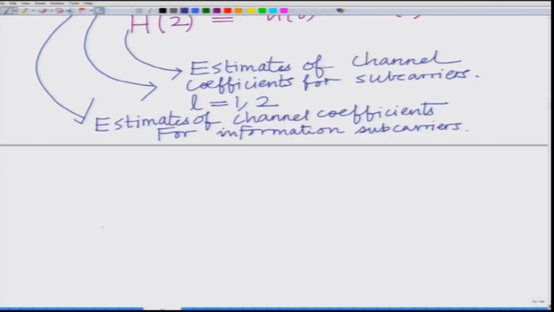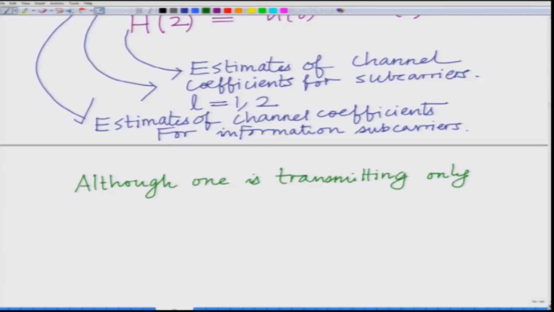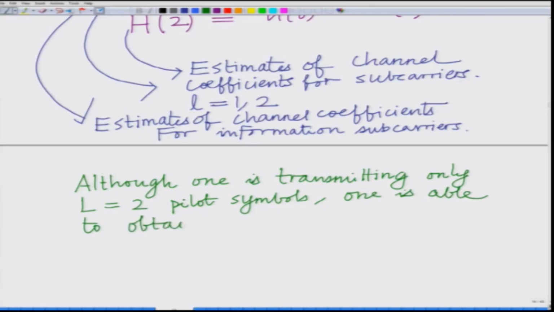So, let us note that down, that is, although one is transmitting L equal to 2 pilot symbols, one is able to obtain the estimates of channel coefficients on all the subcarriers.